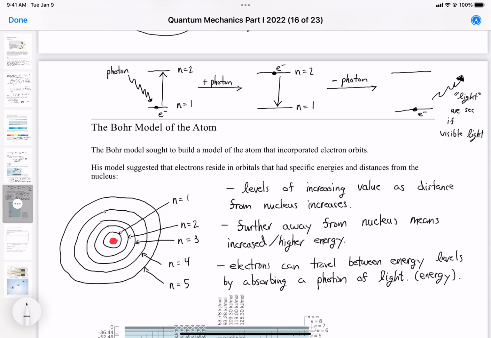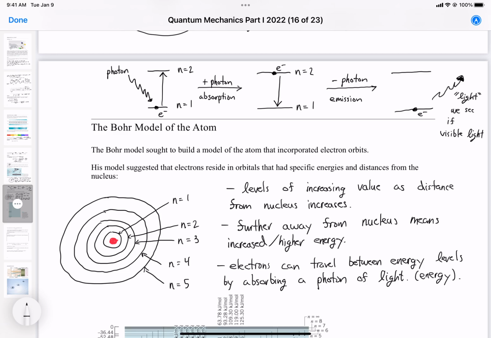So when we lose a photon, this would be called emission of light, and this would be called absorption. So when the photon's absorbed, we gain energy, so we're higher energy, and when a photon is lost, we emit a photon of light, so we're giving off light.